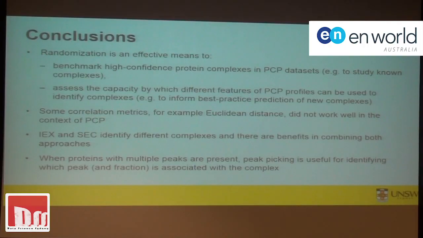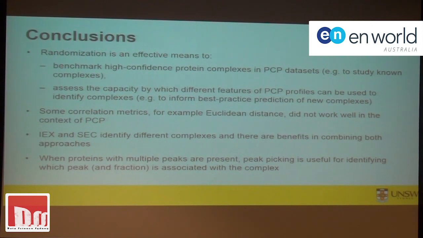And in conclusion, randomization is an effective means to benchmark high confidence protein complexes in PCP datasets. It's great for studying known complexes. And we can assess the capacity by which different features of PCP profiles can be used to identify complexes, to tell us what is the best practice for predicting complexes.